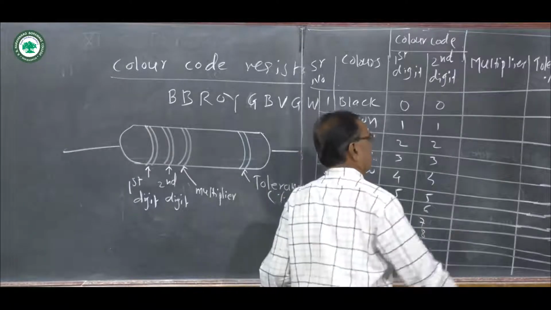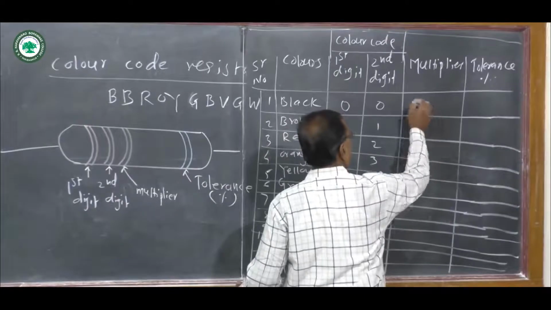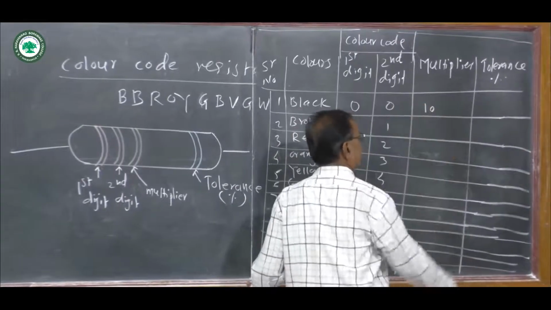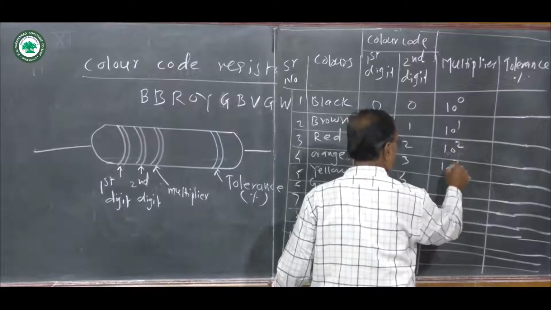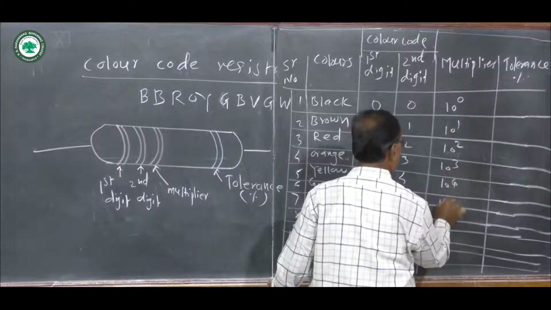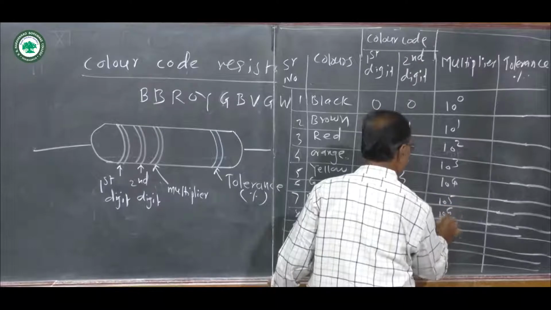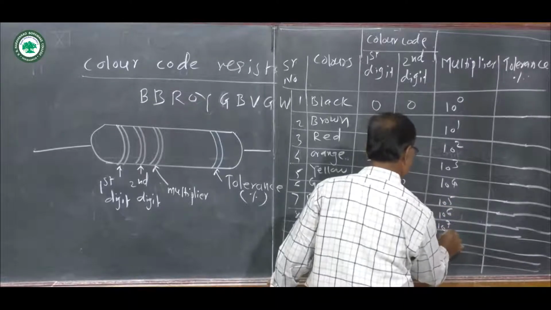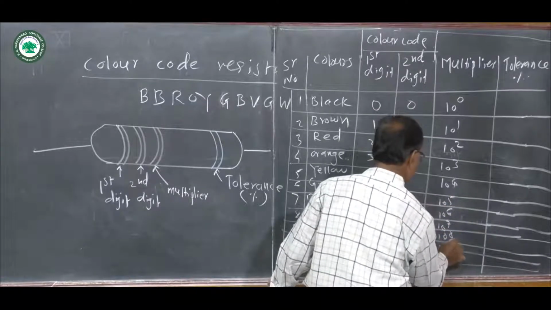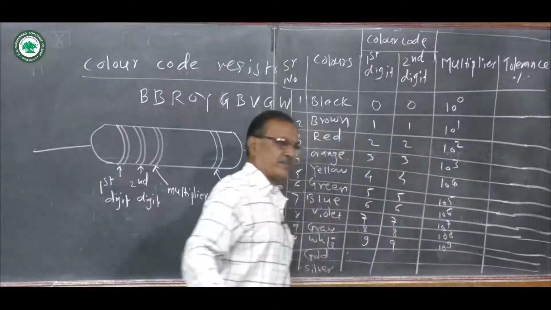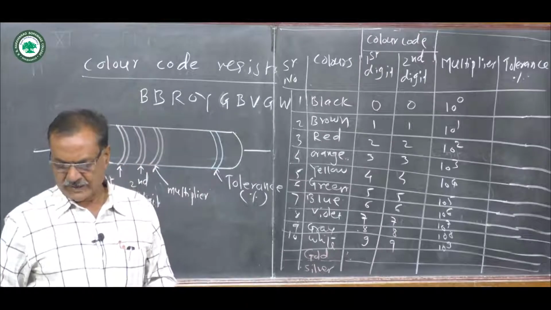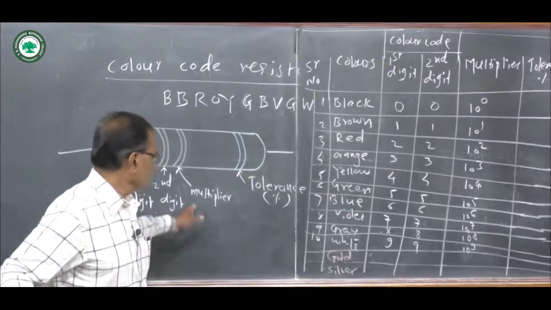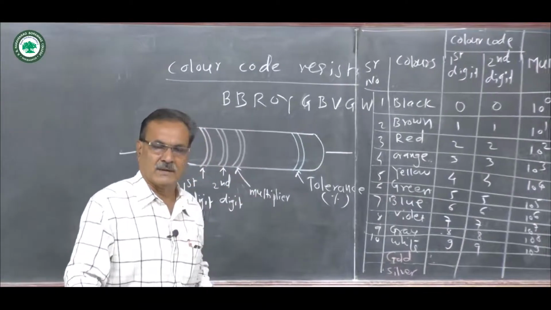And the multiplier means 10 raised to the color code digit, that is 10 raised to 0, 10 raised to 1, 10 raised to 2, 10 raised to 3, 10 raised to 4, 10 raised to 5, 10 raised to 6, 10 raised to 7, 10 raised to 8 and 10 raised to 9. Now this is the multiplier, denoted by the third ring of color.